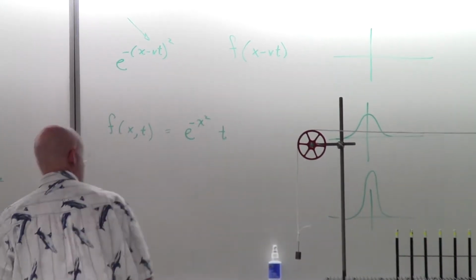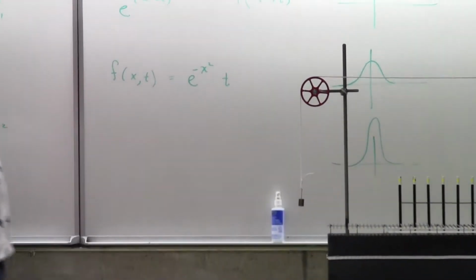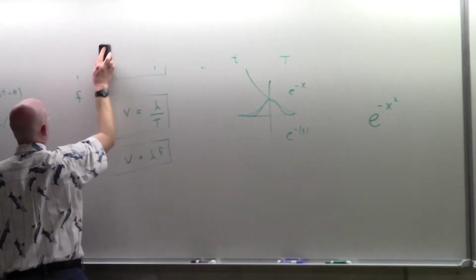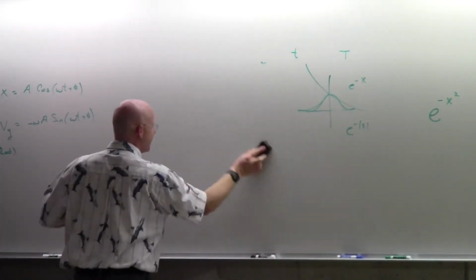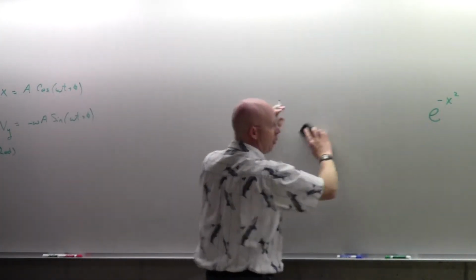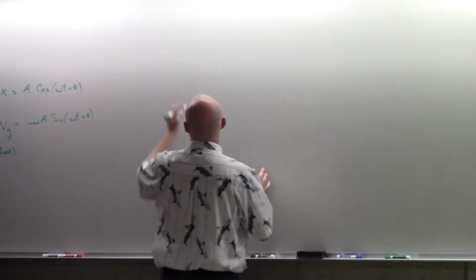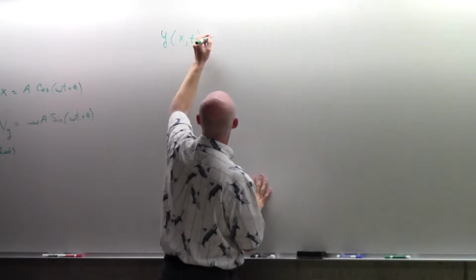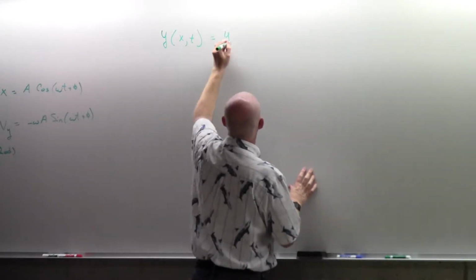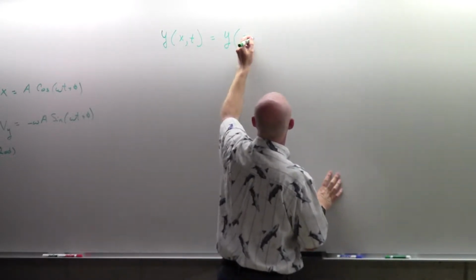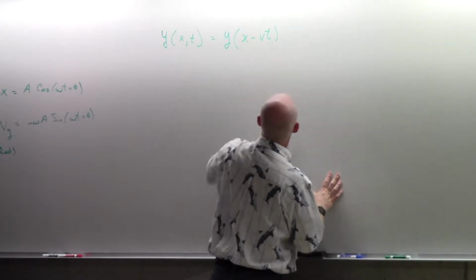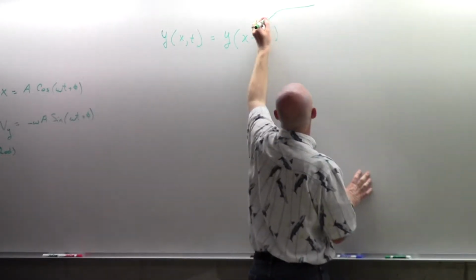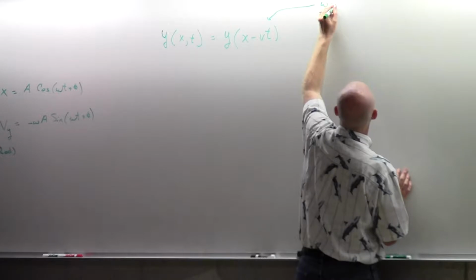And so what we like to say then is, think of any function you want, as long as it is a function of both space and time, and they are connected together. So space and time, and more than that, x minus vt, now we have a wave.